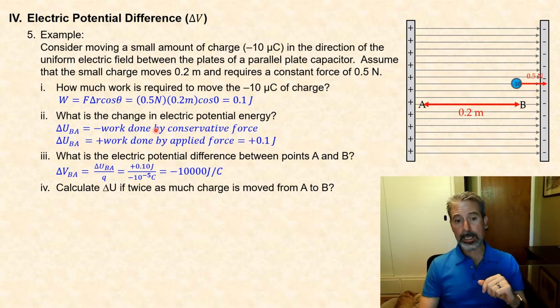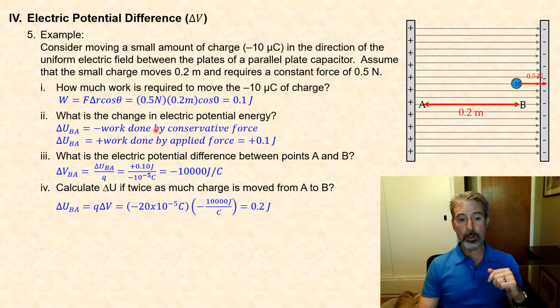We're now asked to calculate the change in the electric potential energy if twice as much charge is moved from A to B. I want to point out that from our definition of electric potential, multiplying both sides of this equation by charge gives us a way of calculating the electric potential energy change if the electric potential difference is known.